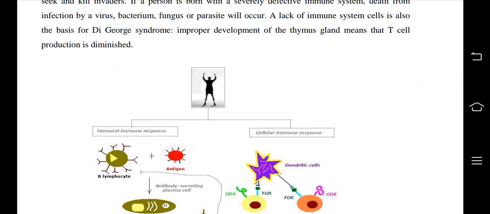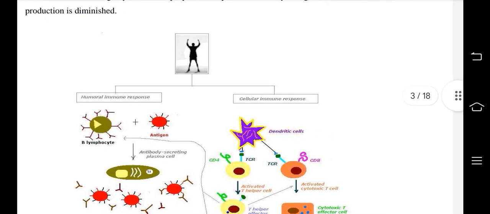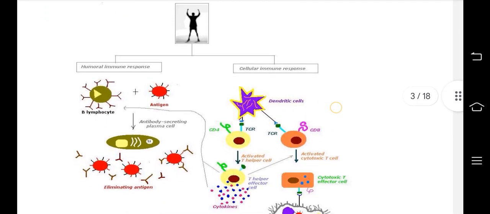Humoral immune response: B lymphocyte plus antigen, antibody secreting plasma cell eliminating antigen.